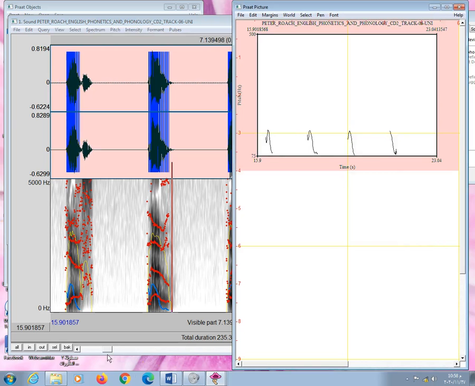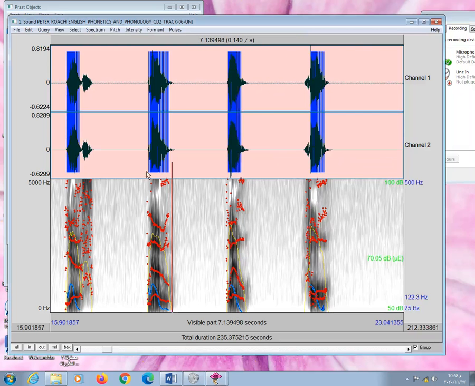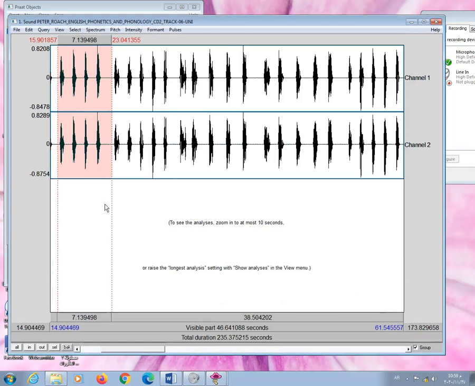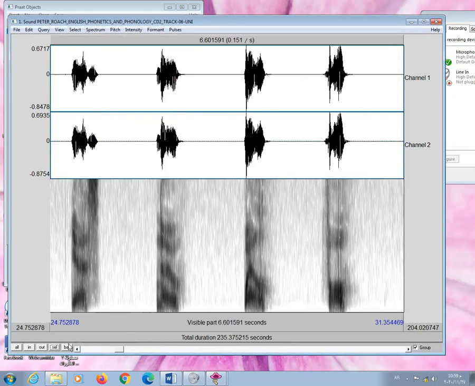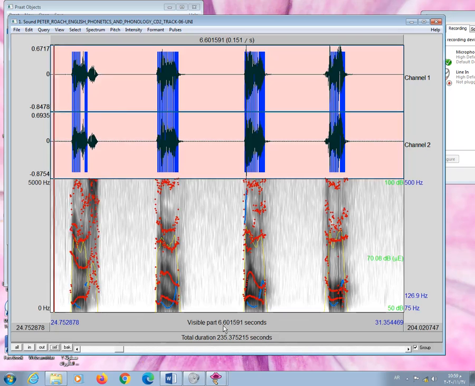Okay, let's take another group of words indicating another tone, which is rising intonation. Go back. Okay, and here are the four. Hit select and listen. Yes.